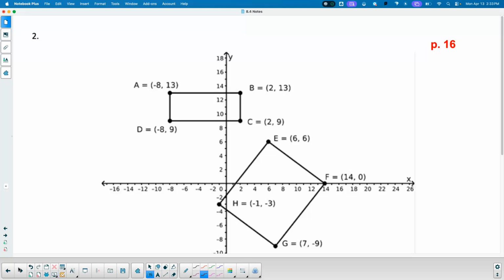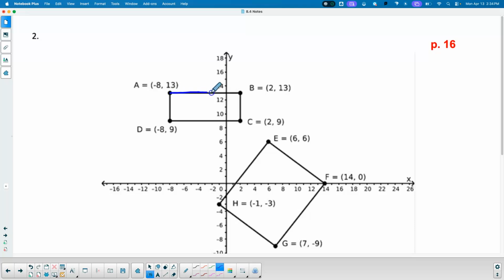Next page, now it wants us to determine if ABCD and EFGH are rectangles or not. Okay? So what do we start with? Side lengths. So let's start with side lengths. Side AB.